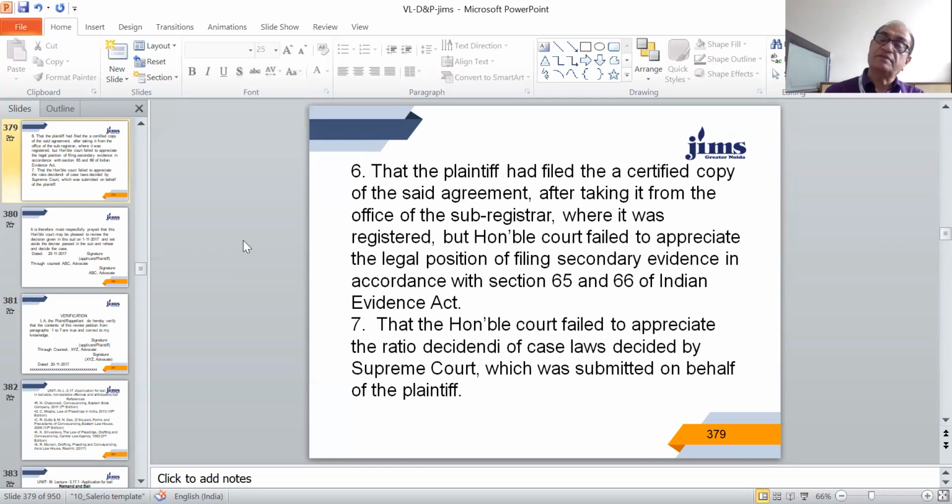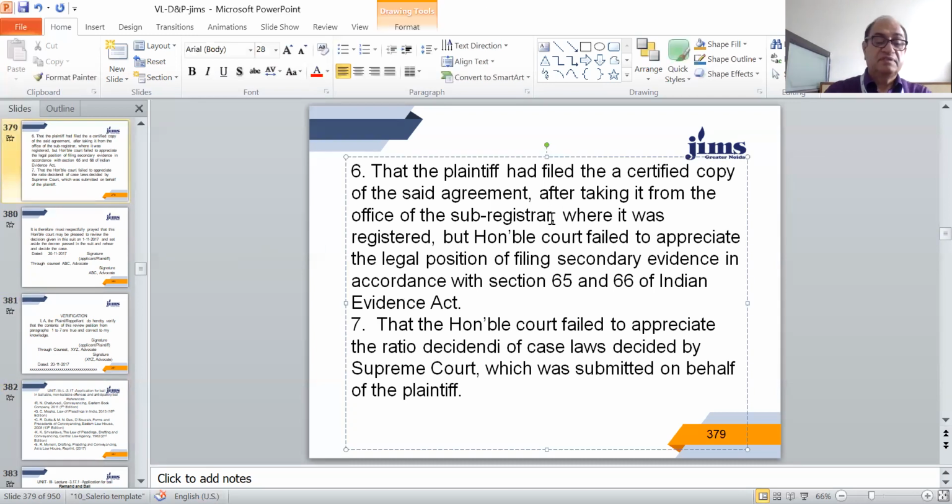Since the original was stolen, and the original agreement was registered in the office of the Sub-Registrar Noida, I had obtained a certified copy from that office, and it is my legal right to file secondary evidence when the original is lost in view of Section 65 and 66 of the Indian Evidence Act. But the lower court has not believed my story. They have not believed my secondary evidence. They have not believed the certified copy issued by the Office of the Sub-Registrar Noida.